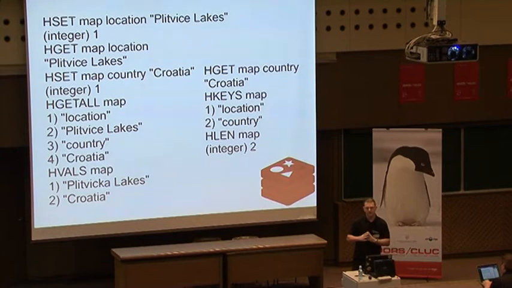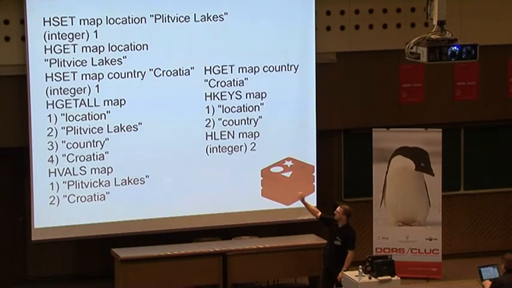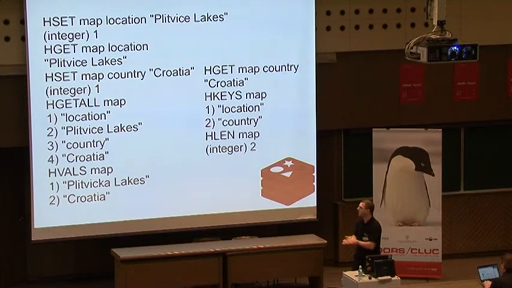And the idea here is that you have everything stored in the hash, but if you want to retrieve anything, you can use get all, which will get you everything from the hash, not only the keys or values, but both of them. And you can also get only the values, or the keys.